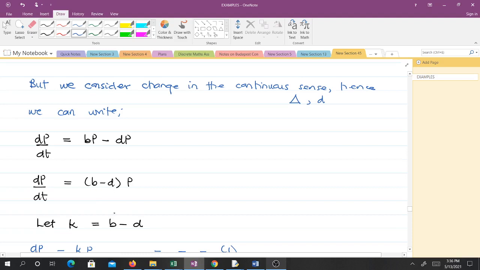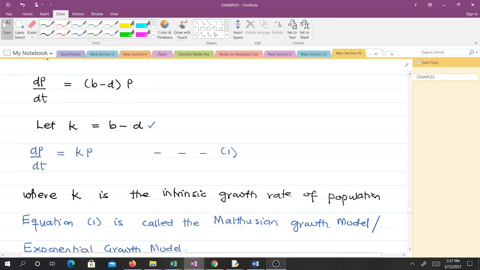You can see that this b and this d are all numbers, and when you subtract two numbers you always get a number. So we are saying let k be equal to b minus d. So k will be equal to the difference between the birth rate and the death rate. Letting k be equal to b minus d, we will have dP/dt equal to k times P, and let's call this equation 1.